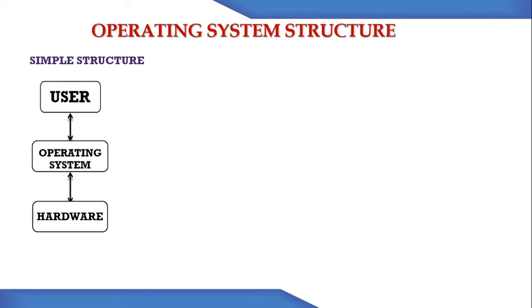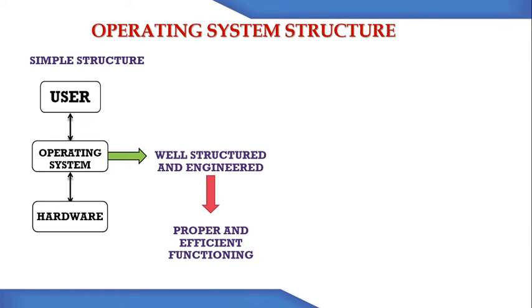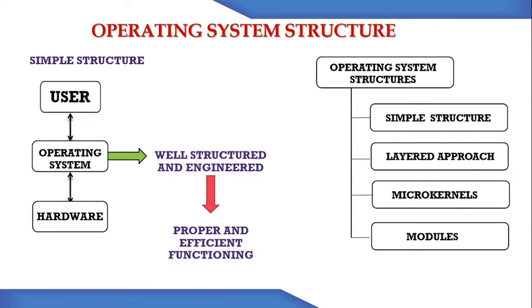So, the operating system must be well engineered and structured so that it functions properly and efficiently. So, the simple structure is one of the structures used to design an operating system, which we will see in depth.